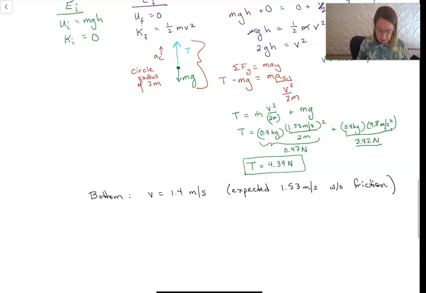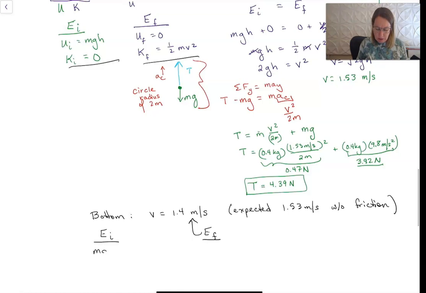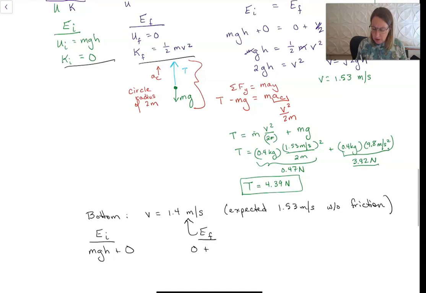And so what we want to do is say, what's our energy initial and what's our energy final with this speed? And so we can just use the same equations we had up here, which is mgh plus 0, and we're going to compare that to our 0 plus 1/2 mv squared.